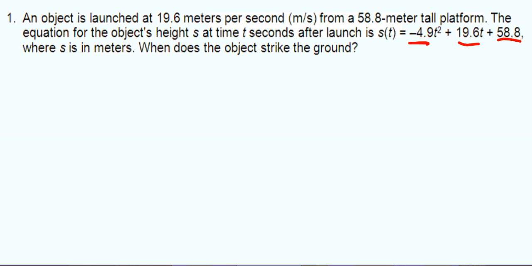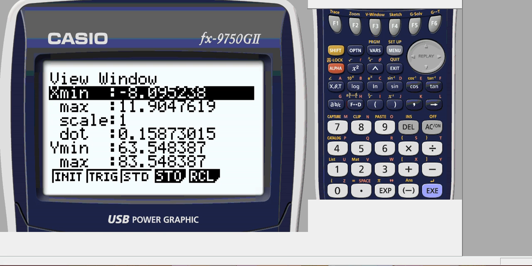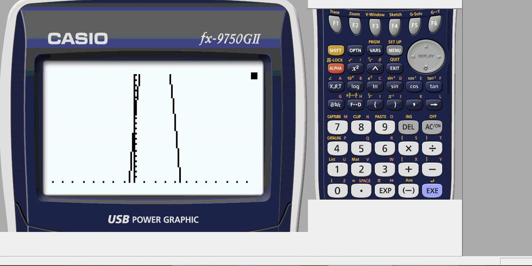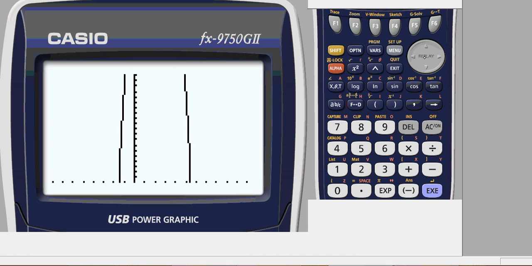Here the question is only asking about when it strikes the ground. So when you graph it, the ground is represented by the x-axis. So let's keep scrolling down until we can see the x-axis here.